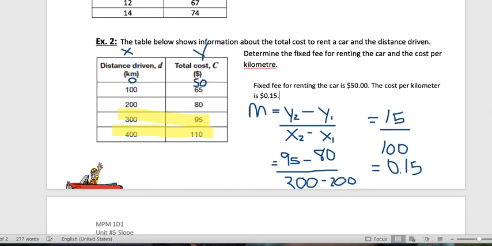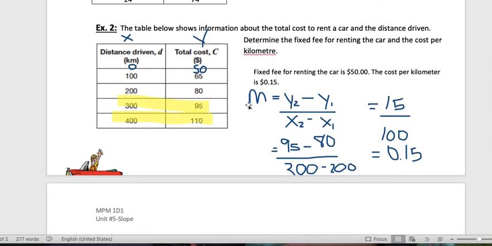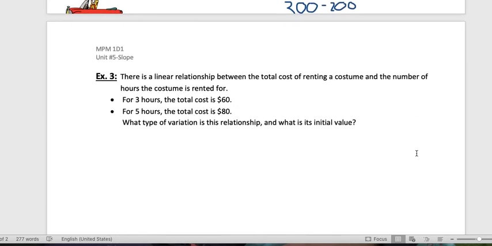Sorry, the fixed fee for renting the car is $50, so that's what we figured out here, our initial value, fixed fee, initial value. And then the cost per kilometer is a rate of change, so you need to use slope formula to figure that out. So we plugged in these 2 points and figured out that the cost per kilometer is 15 cents.